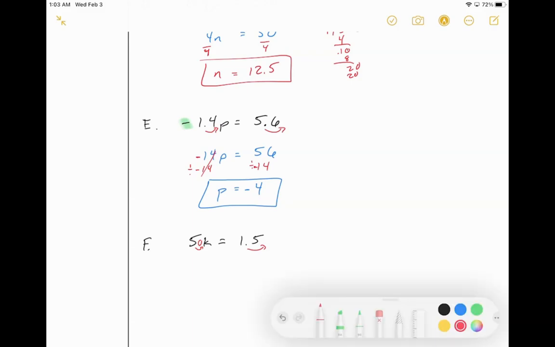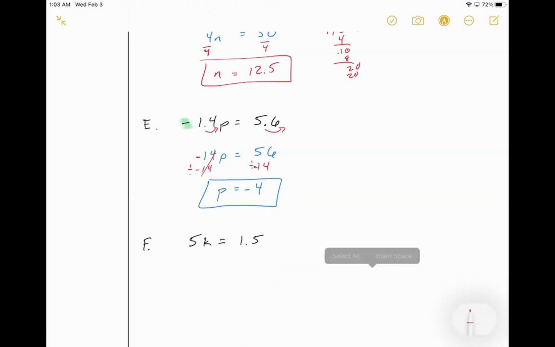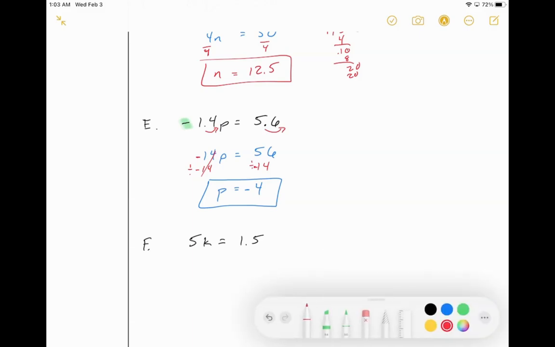So this is what I recommend for you instead, on a problem that looks kind of like this. What I recommend you do is just like what we did before with the multiplication, where you just do it like a regular problem, like it's 15, and then you know that you're gonna have to move a decimal over. So what I'm saying is this: we know that's 5k over there, so I'm gonna need to divide by 5 on both sides.